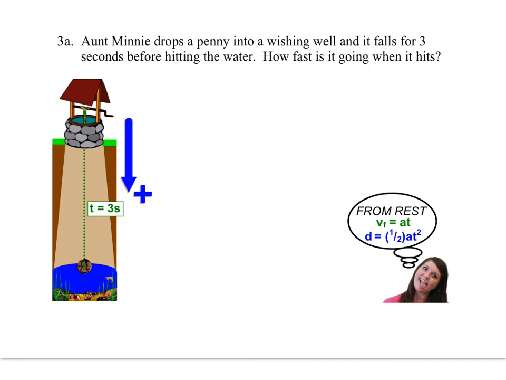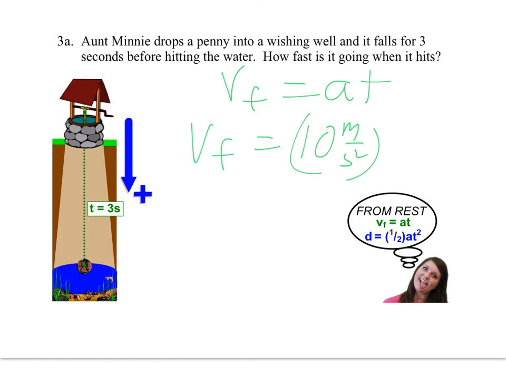So this one says, how fast is it going when it hits? That's a case where we're interested in VF equals AT. Speed is equal to acceleration times time. If gravity accelerates us down at 10 meters per second squared, and it falls for 3 seconds, notice that we're talking about down being positive.